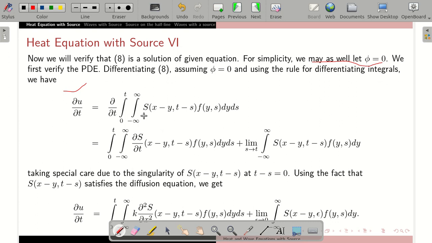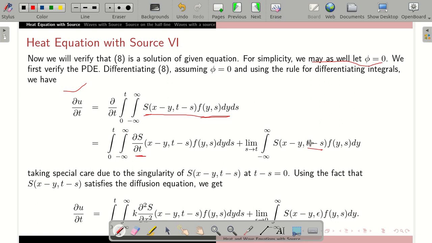Then you can push the derivative inside, and by using the theorem of differentiation under the integral sign, you need to calculate the value of this expression S(x minus y, t minus s) at s equal to t. So you replace s with t.